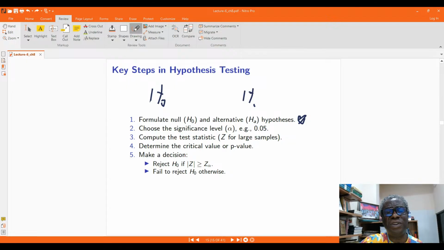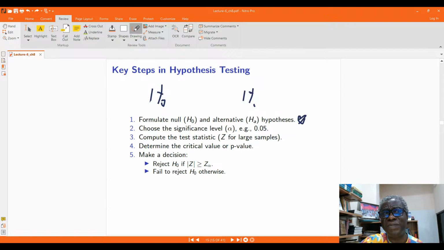The fourth step is to now determine the critical value or the p-value. As I said, these two quantities, you could use any of them.